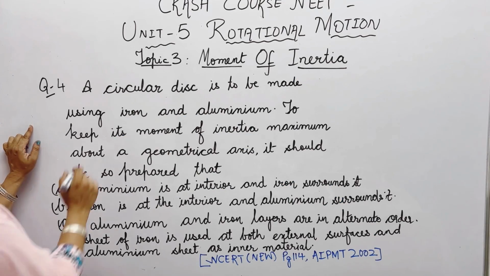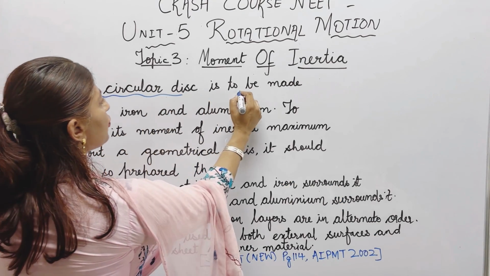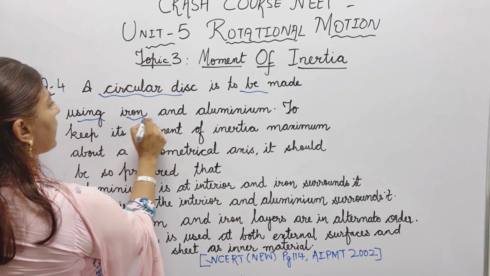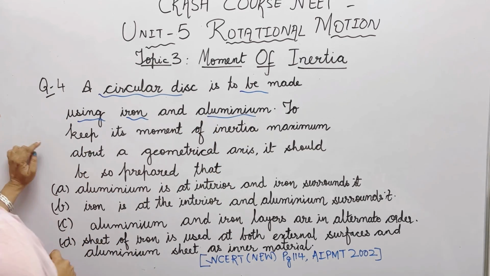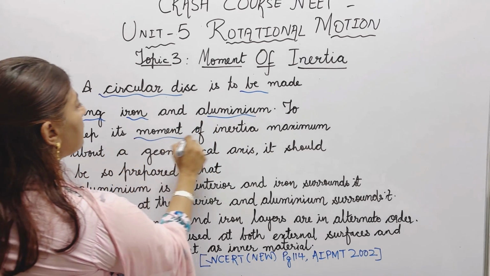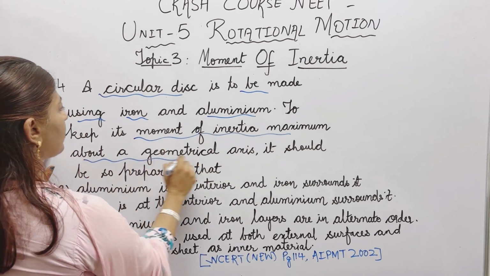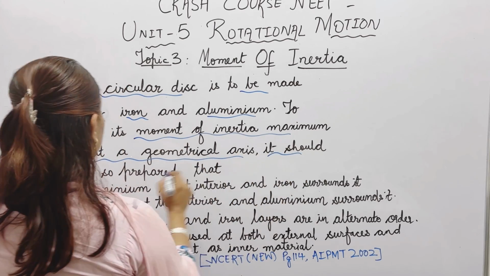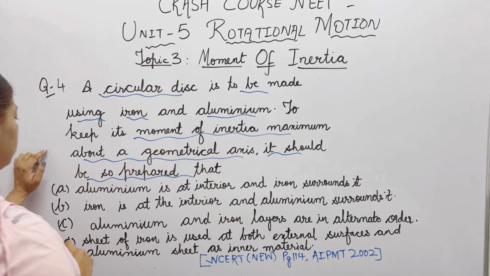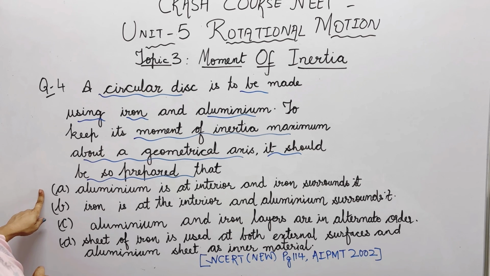Question number 4. A circular disc is to be made using iron and aluminium to keep its moment of inertia maximum about a geometrical axis. It should be so prepared that A, aluminium is at interior and iron surrounds it. Option B, iron is at the interior and aluminium surrounds it.